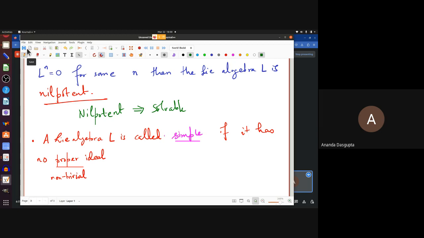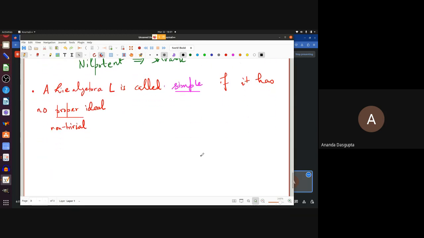If it does not have any non-trivial ideals, you cannot say it doesn't have any ideals because it's bound to have two of them. Then you call the algebra simple. Although there's a catch there. You have to add one more thing to the definition. We're going to come to that soon. And this is the definition of simple.